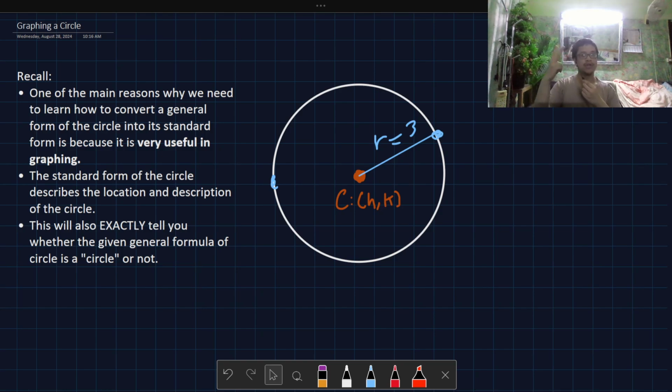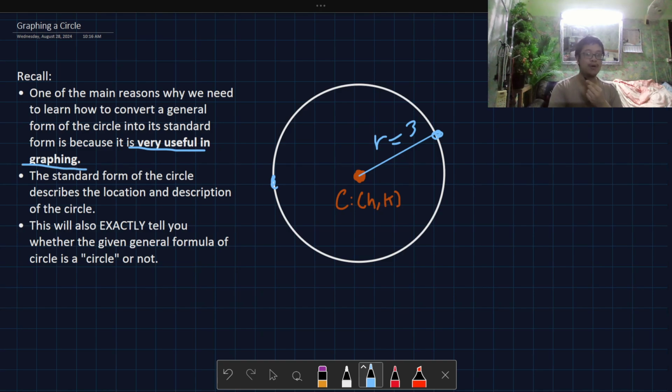I stated two reasons there, but let me only state one reason, which is related to what we're doing today. One of the main reasons why we need to learn how to convert a general form of the circle into its standard form is because it is very useful in graphing.